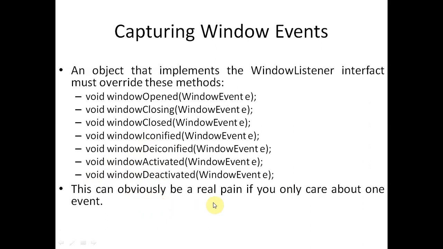So this can obviously be a real pain if you only care about one event. So all these types of events, and WindowEvent is the predefined class, and e is its object. Accordingly, whichever event is generated, e will record that event.